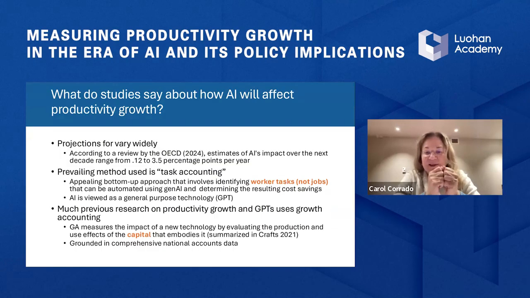In the past, the growth accounting approach is one where you measure the impact of a new technology by evaluating the production and use effects of the capital that technology embodies. This approach is summarized in a nice recent paper by Nick Crafts, where he talks about steam, electricity, and ICT, and you get a nice historical sense of what that macro approach gives you.